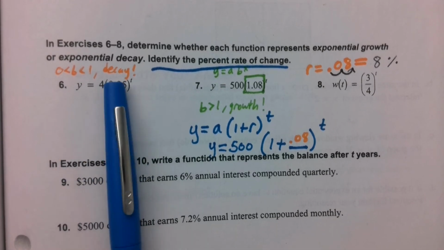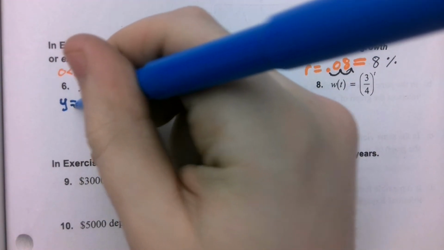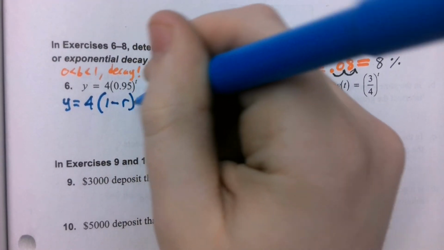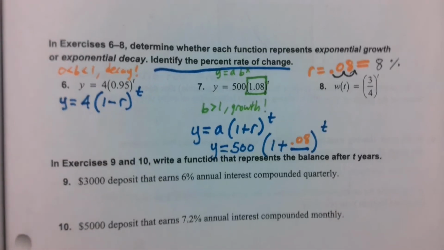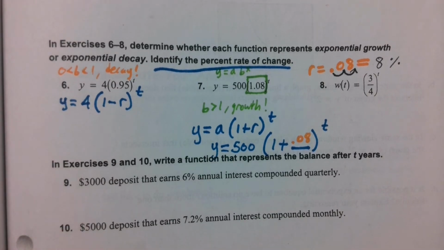So this is not saying we're dropping by 95%. No, no. Remember, an exponential decay function will be written out like this. 1 minus r to the t. In other words, 0.95 is 1 minus r, or 1 minus something will give us 0.95.